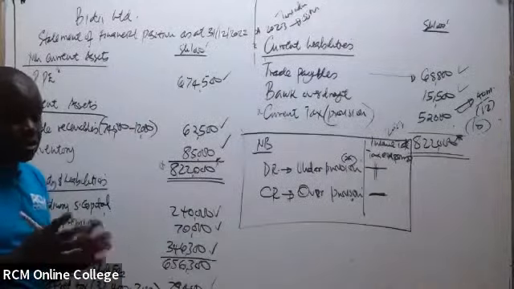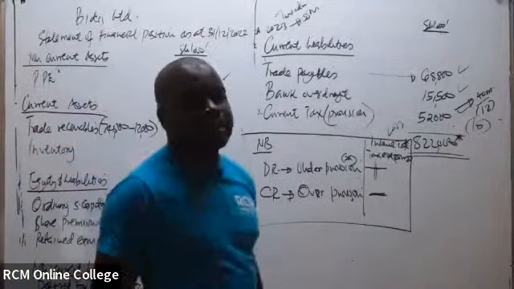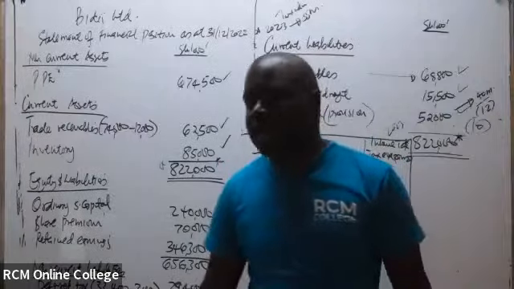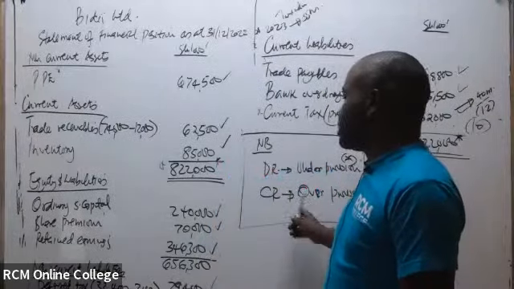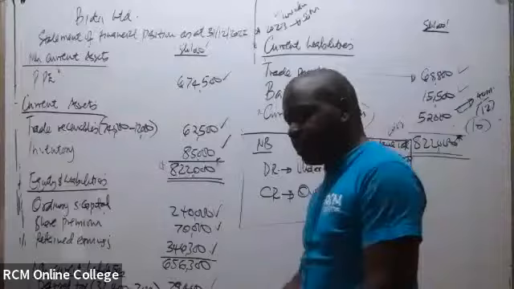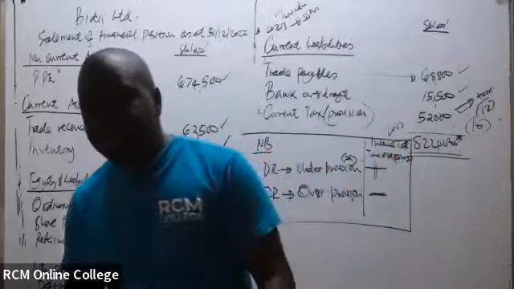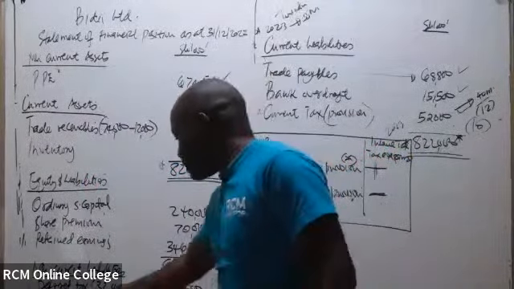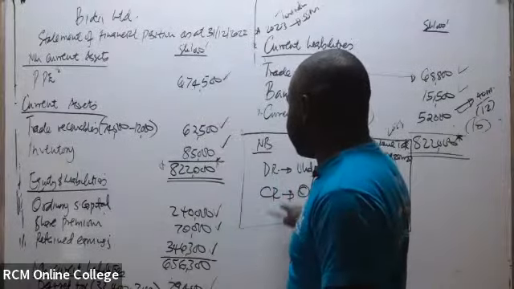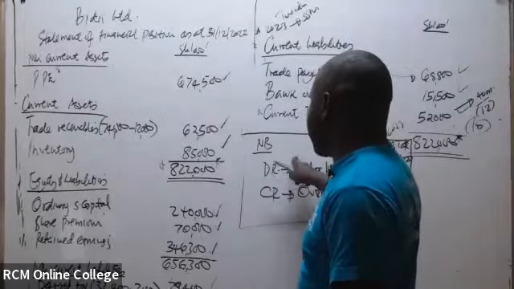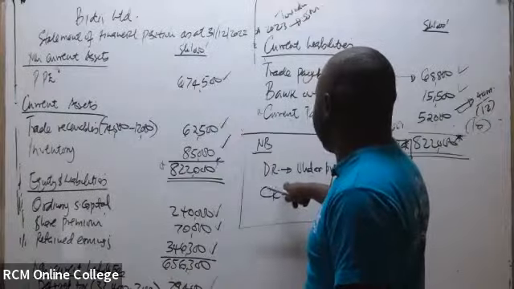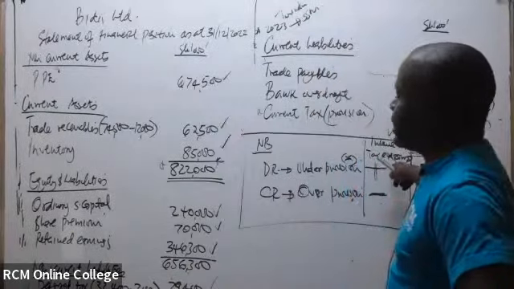It is also another common element that the examiner really likes. Under provision or over provision of what? Of current tax. Don't forget about it. Remember it. Remember the deferred tax, and sometimes under exceptional situations, you might include this as part of the computations for the income tax expense.